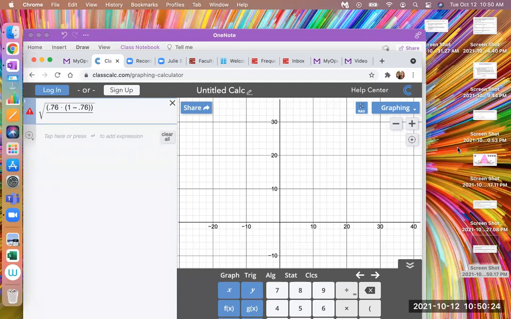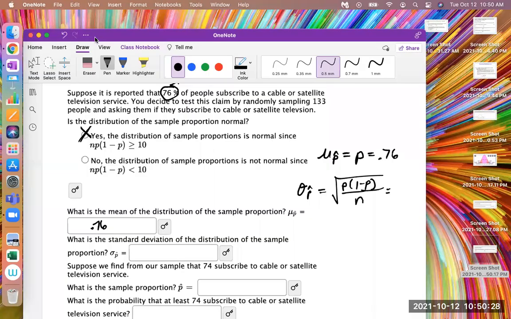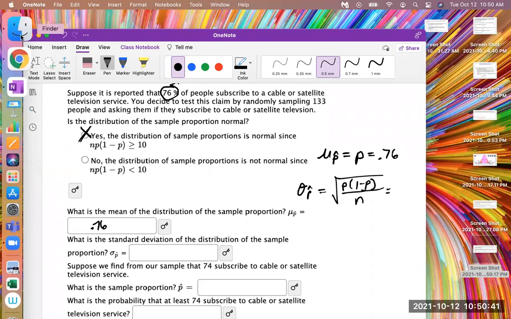Divide by the n, which I believe, let's go back really fast, n was 133. Right there is the n. So I plugged in 0.76, 1 minus 0.76, and over 133, and I'm having the calculator do this for me.